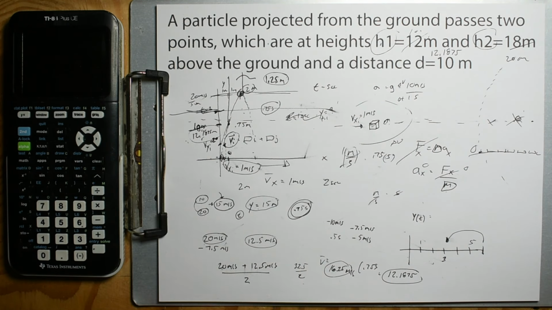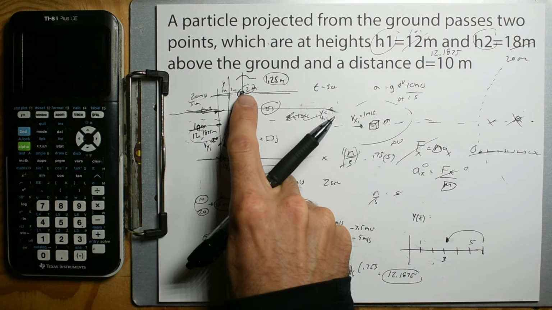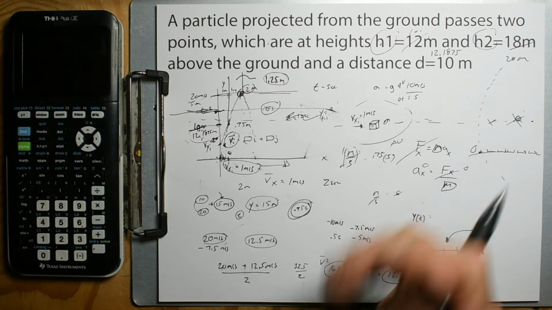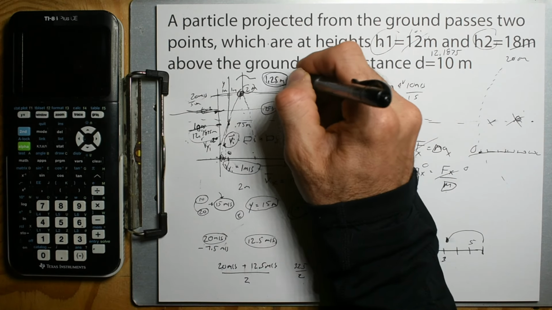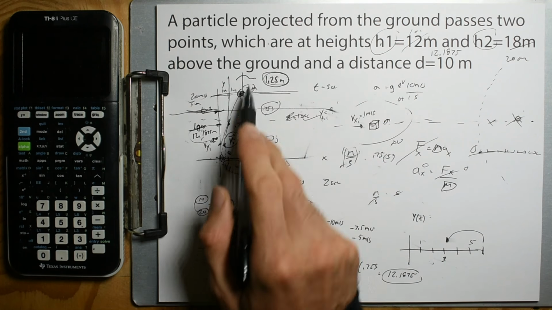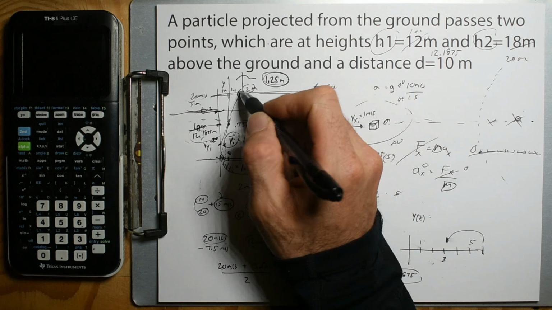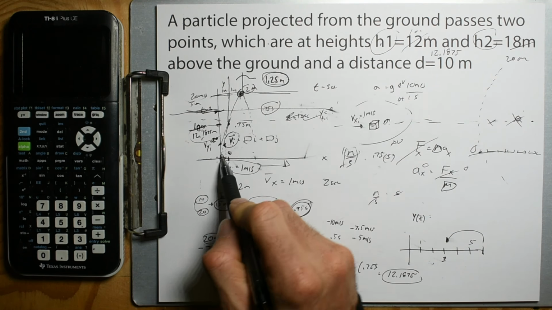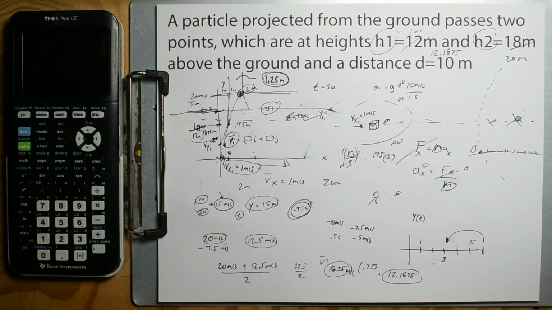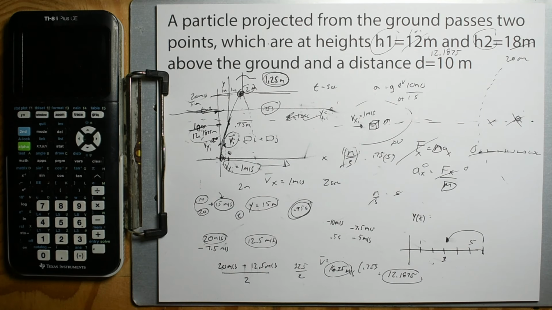If the problem stated this was height 1, this was height 2, and the distance between them was 1.25, it seems like the fact that this projectile, like a ball or whatever, comes to a dead stop at the top is minimizing this initial velocity. And it's even hard for me to see how we could change this problem.